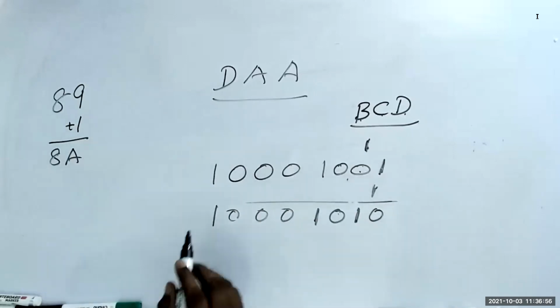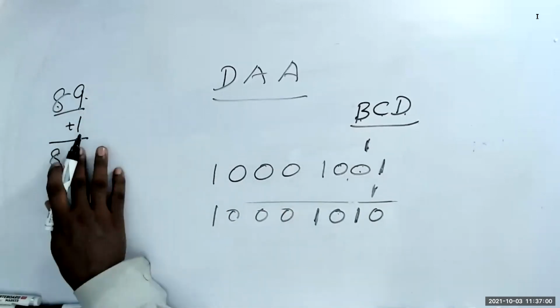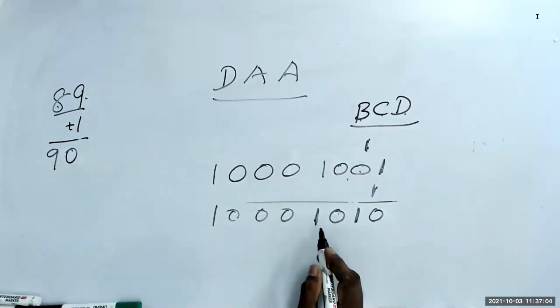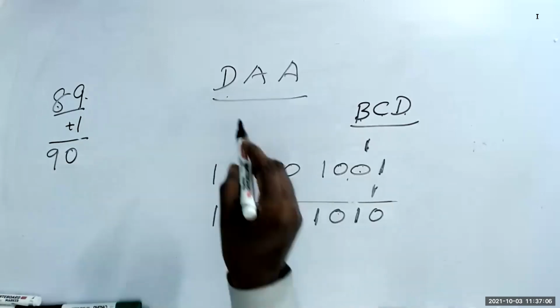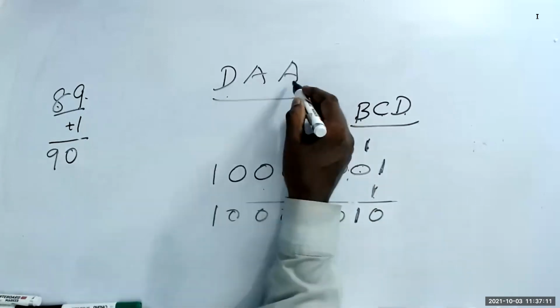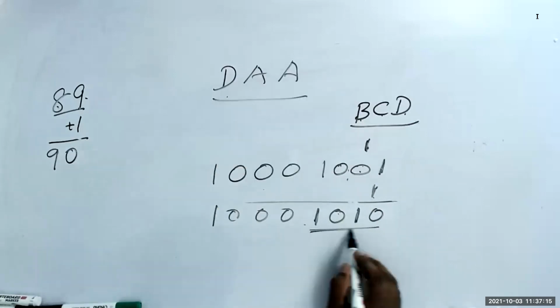But if it is BCD, 89 plus 1 should be 90. So what the microprocessor will do, if you give the DAA instruction, is check this nibble. Oh, this is above 9.